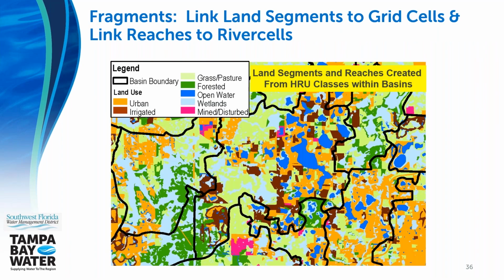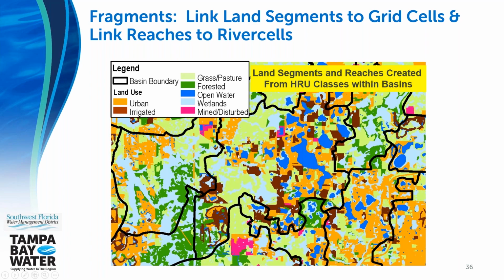So a little bit more information about these fragments. The basin outline is shown in this dark black line all the way around. This is one basin of the INTB model. Inside of this one basin, you see all of the various generalized land use categories that I described earlier, all 5 of them, plus the water bodies. So all of these orange areas inside of this basin are urban.